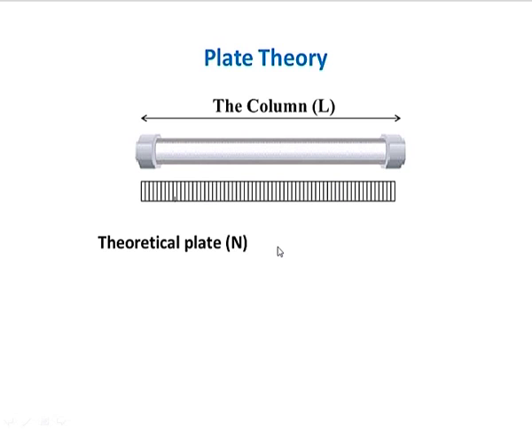It is hard to visualize, right, because this is a conceptual imaginative concept. There are no such theoretical plates physically present in this column. The column is a uniform surface coated with the stationary phase.